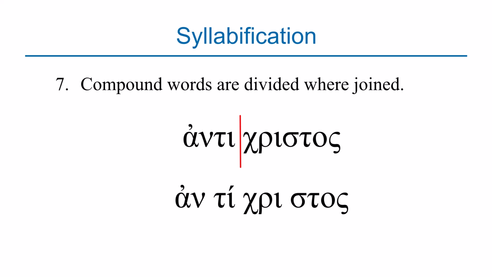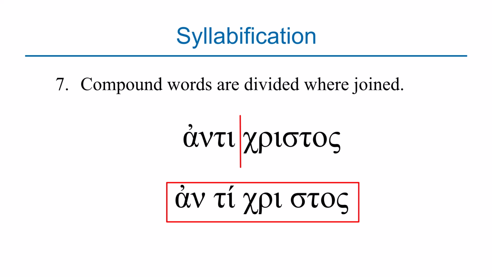Rule number 1 says, look for vowels and divide immediately after a vowel. The first vowel is alpha, as you can see on the final result at the bottom there. And we should have divided after alpha, but you can see nu and tau are next to each other, and these are consonant clusters.